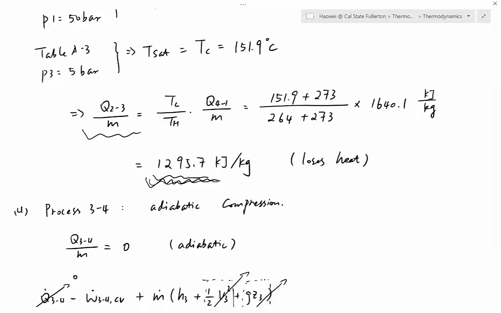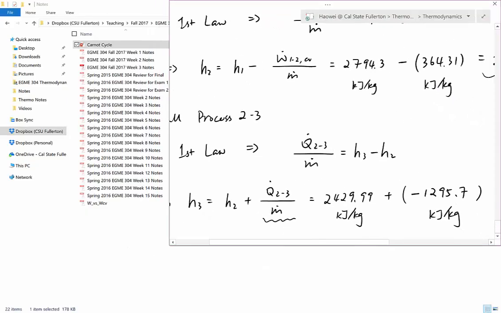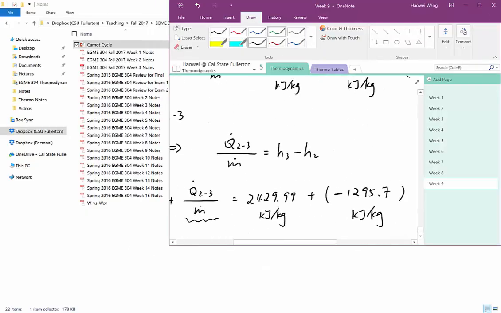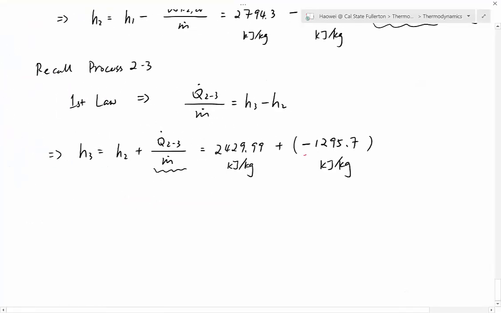So we should plug in a negative 1295.7, and the unit is kilojoule per kilogram. And I'll make a note here. Don't forget this negative sign, okay? Because 2 to 3 loses heat. You have to add this negative sign.